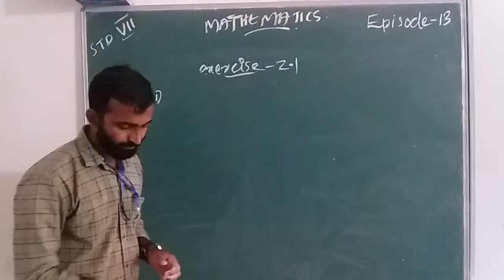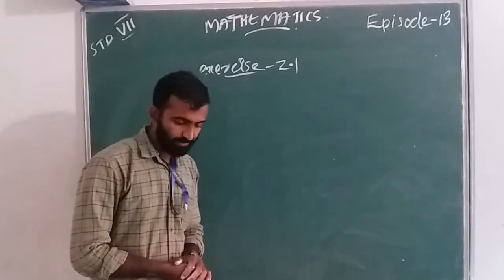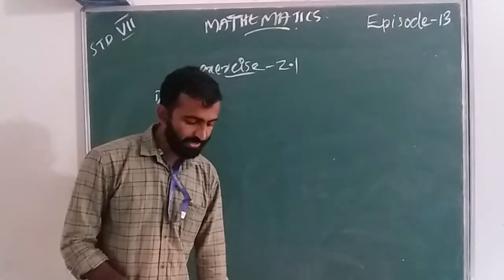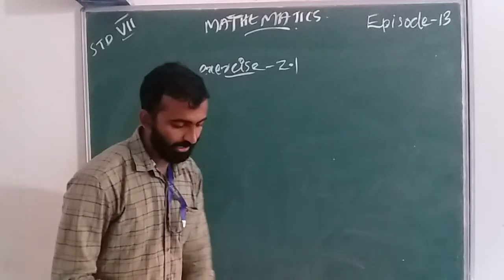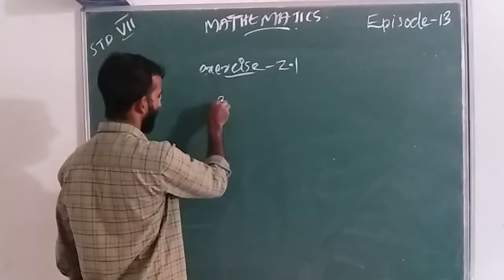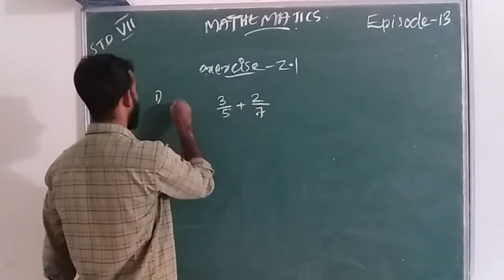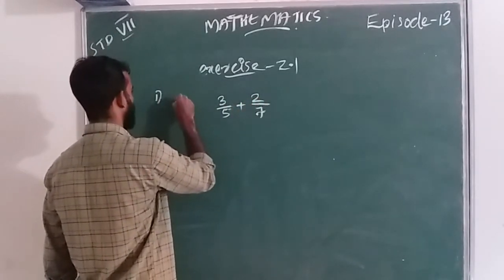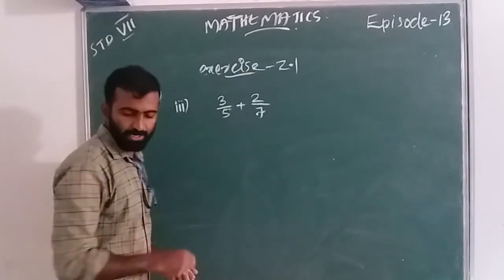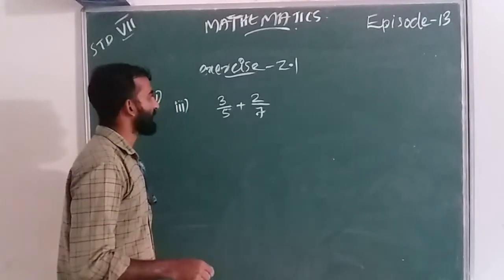The next one, the third one, is 3 by 5 plus 2 by 7. What is the answer?